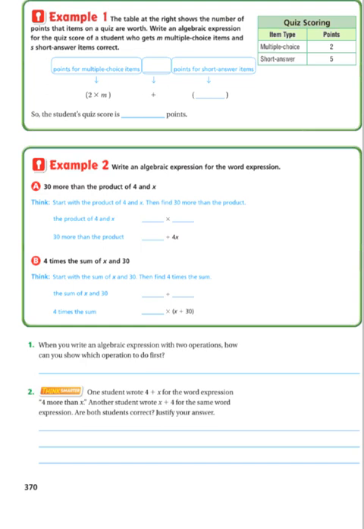Points for multiple choice items, 2 times m. We're adding, because the student might get multiple choice items correct and short answer items correct. So this will be addition, plus.